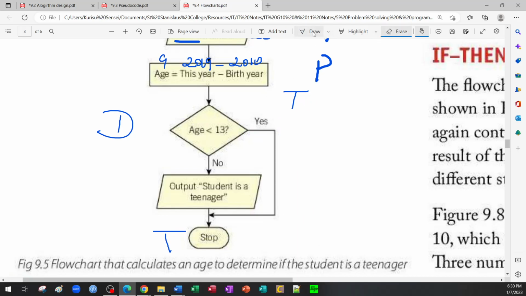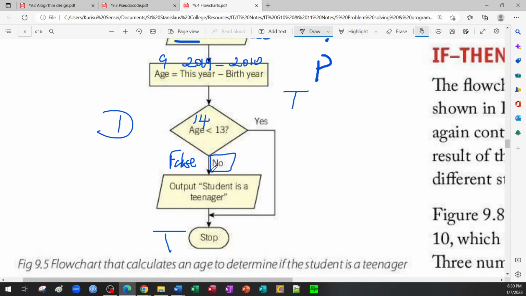Now, if that age was, for instance, 14, we ask the same question. Is 14 less than 13? The answer is no. We could also ask it the other way. Is 14 less than 13? That is false. 14 is not less than 13.